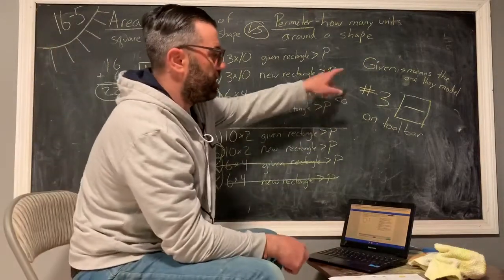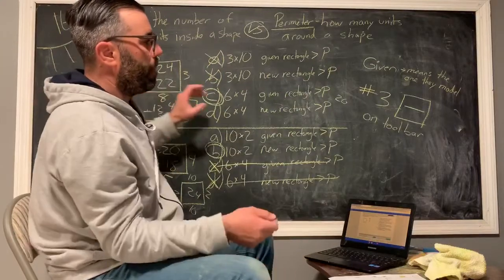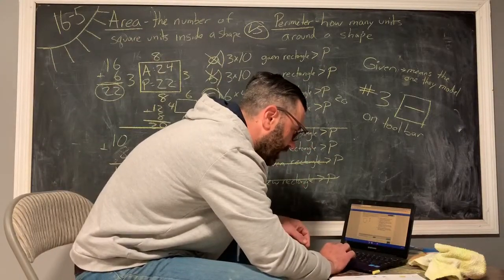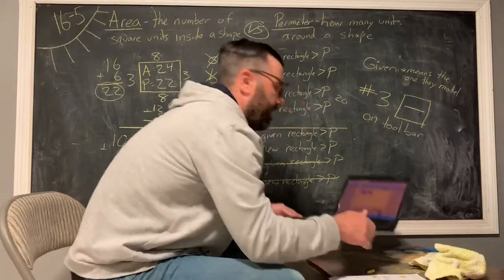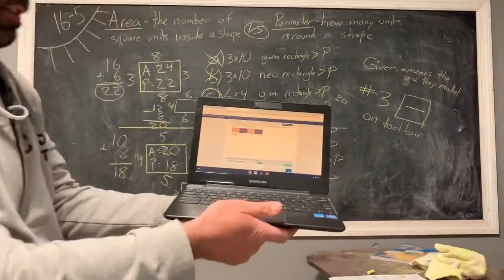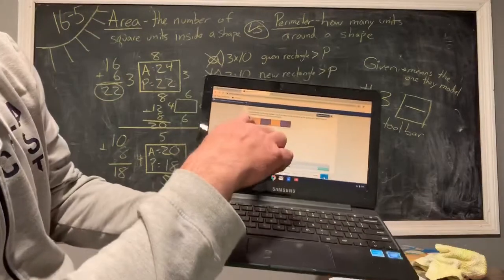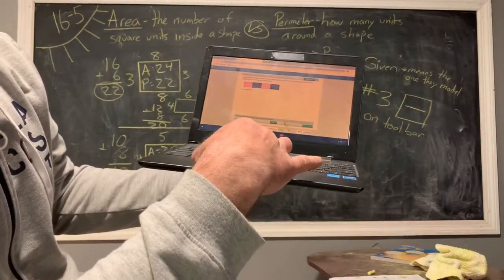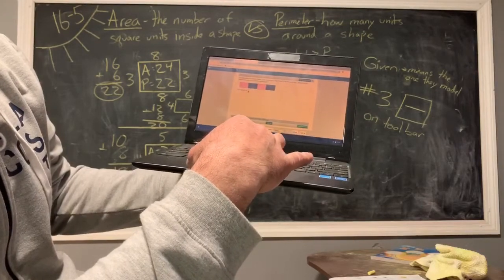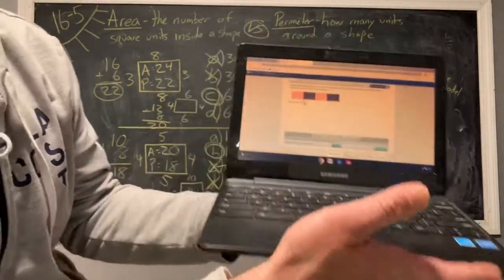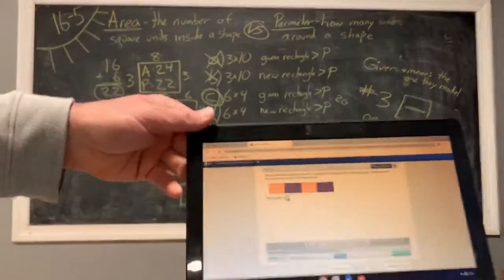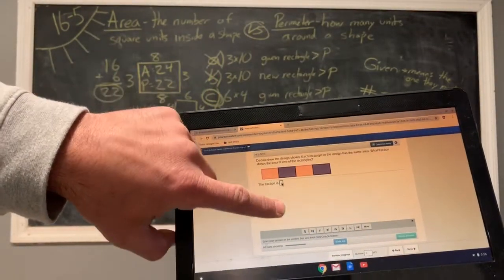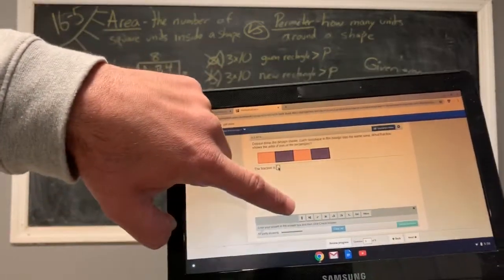Given means they're talking about the one that they show you. The kids in the other classes, you're going to see a question that looks like this, where it's a fraction. To write in your answer, when you click on this little box here, boxes will pop up on the bottom.